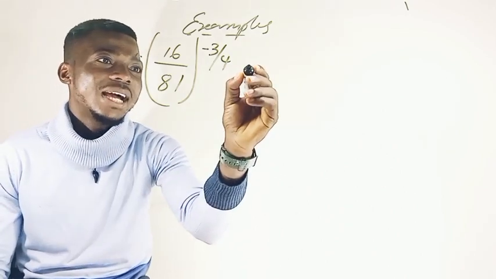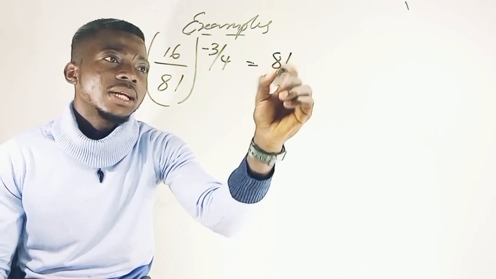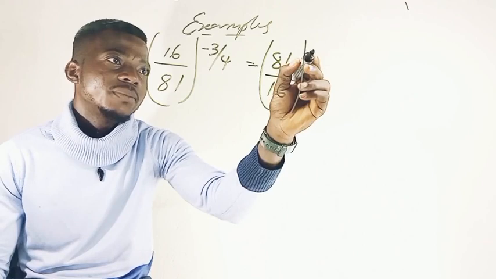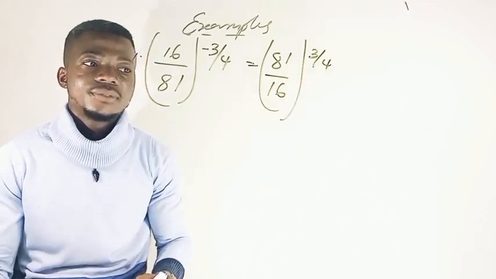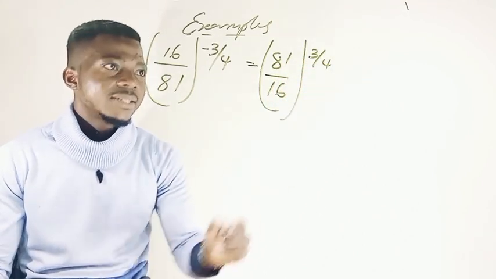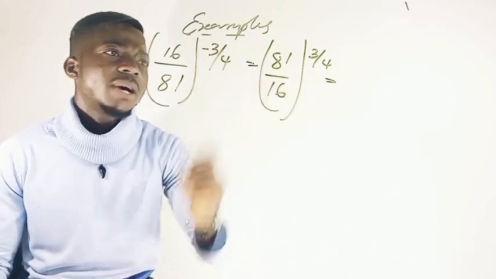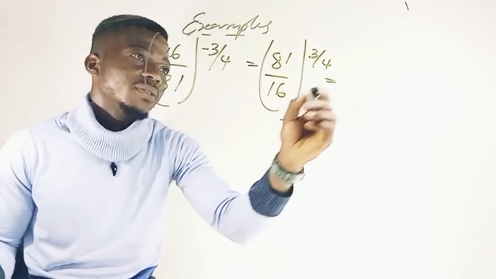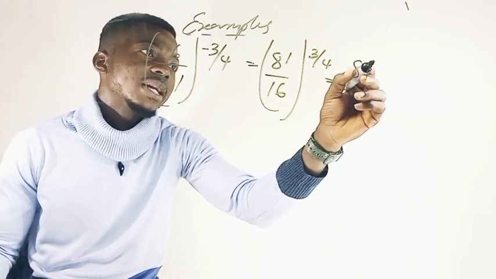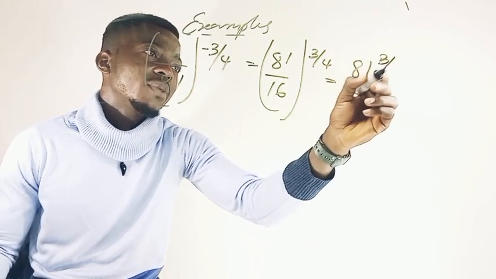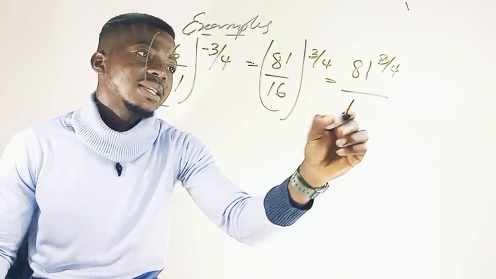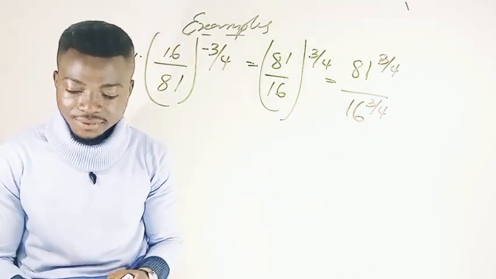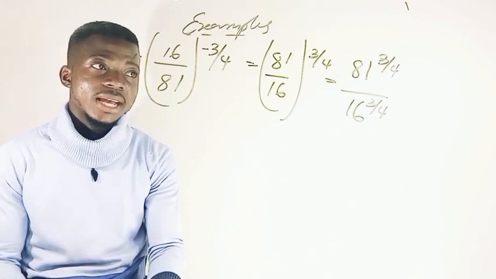So this is going to be 81 over 16, all exponent 3 over 4. The next thing is we can expand this one. Let me write it so that you won't get confused. This 81 is raised to 3 over 4, and this 16 is also raised to 3 over 4.